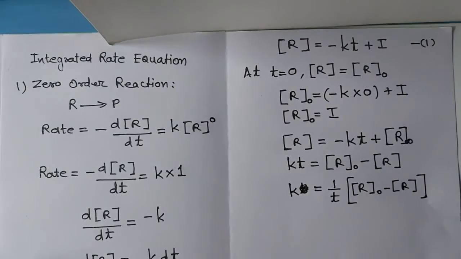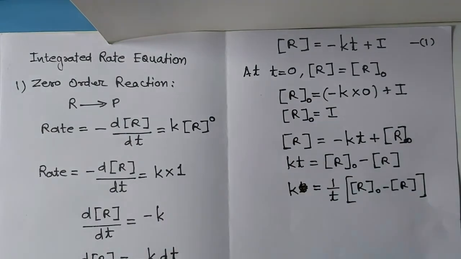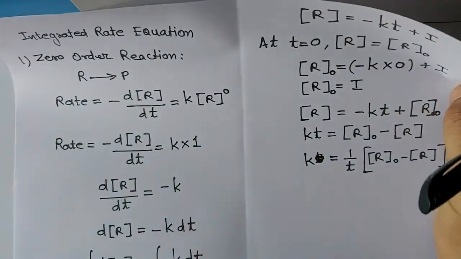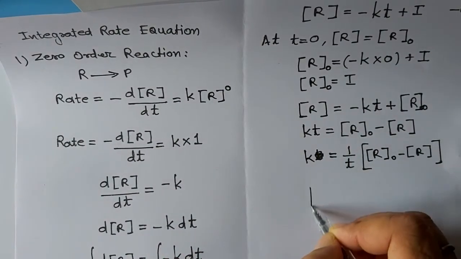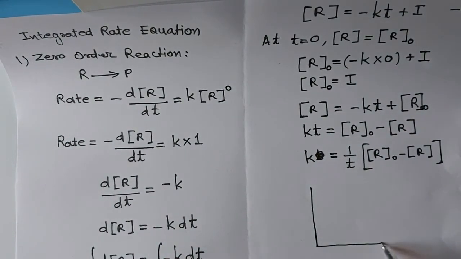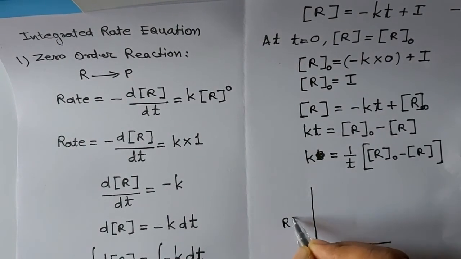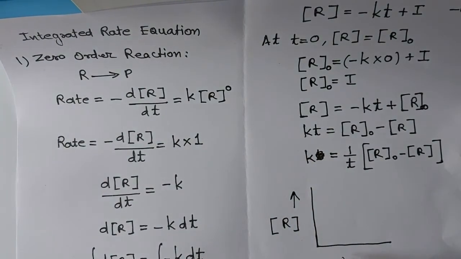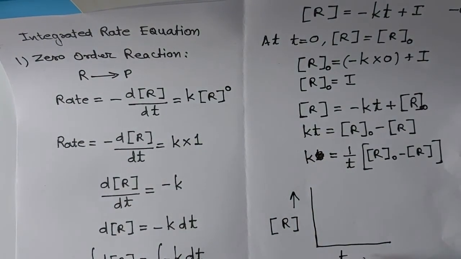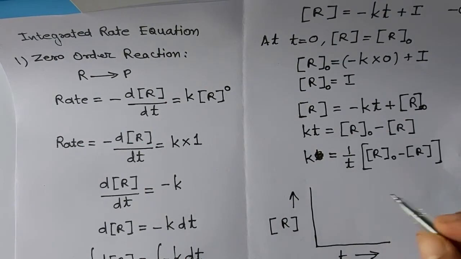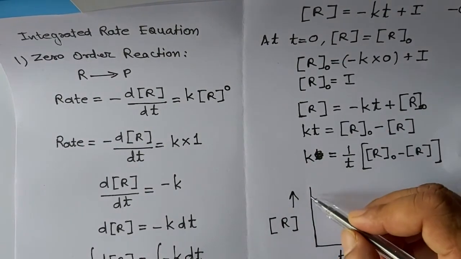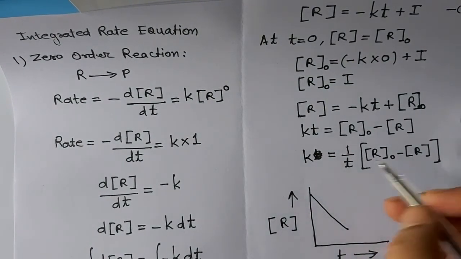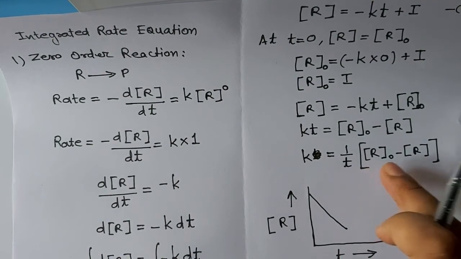Now if a graph is plotted in this situation between concentration at time t and time t, we are going to get this type of graph, because the concentration at time t is the initial concentration being subtracted.